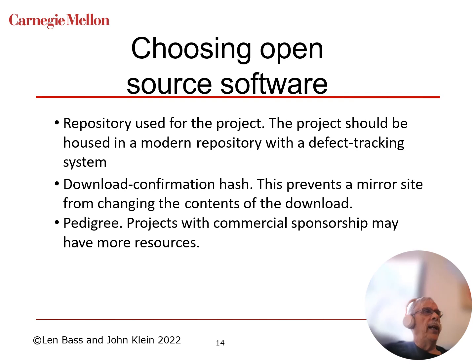So what happens is the creator of the software publishes a confirmation hash on a different channel. When you download it, you hash the download and compare it to the confirmation hash. If they're not the same, there's a problem. This is done automatically by many tools, but that's still something that you want to check.